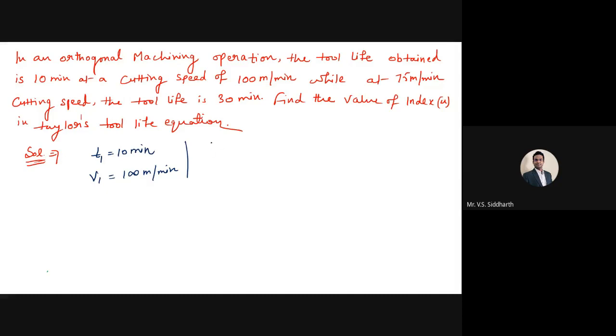Now what are T2 and V2? 30 minutes and 75 meters per minute. This is the given data.